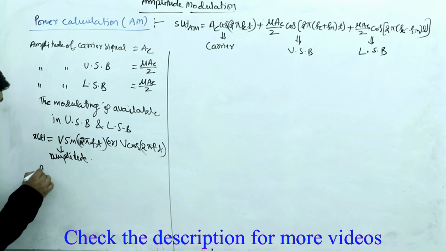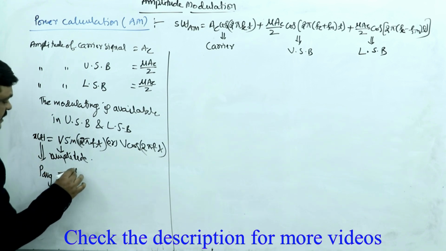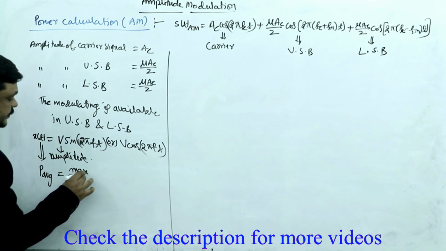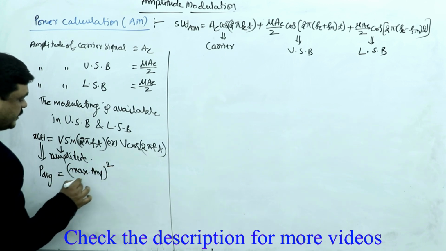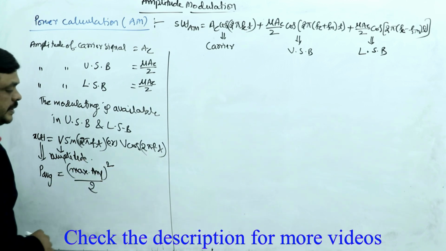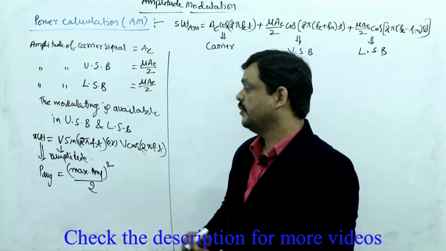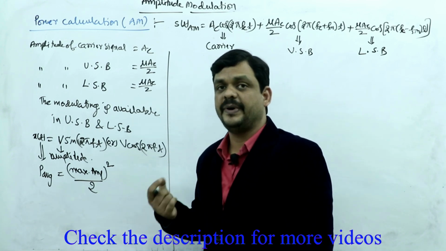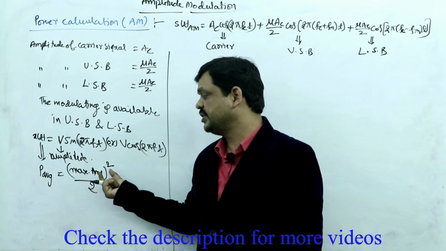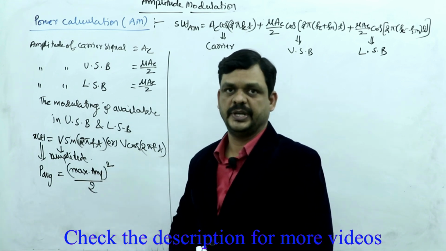Then the average power of this signal is the maximum amplitude whole square by 2. This power is also called average power or normalized power. For sinusoidal signals, the average power or normalized power equation is the maximum amplitude whole square by 2, right?